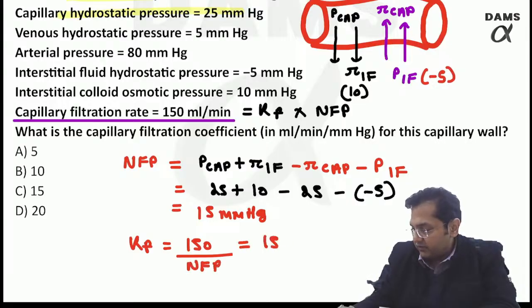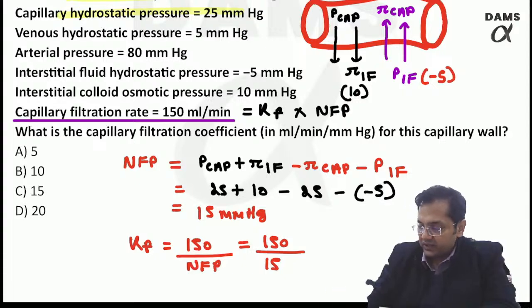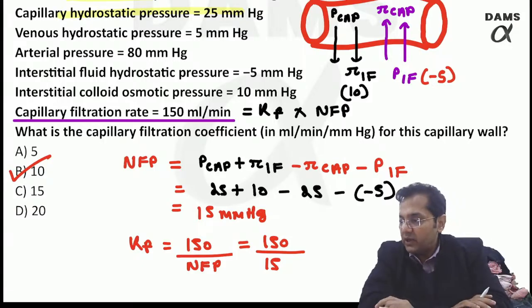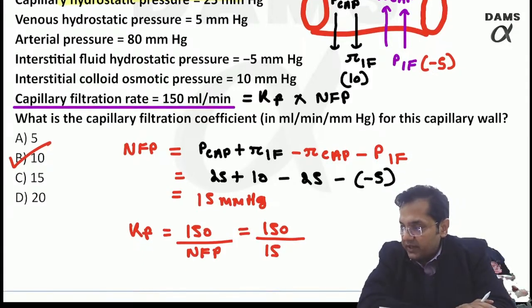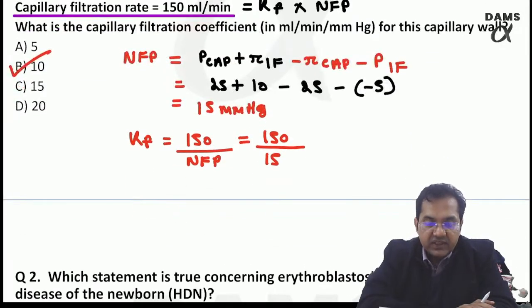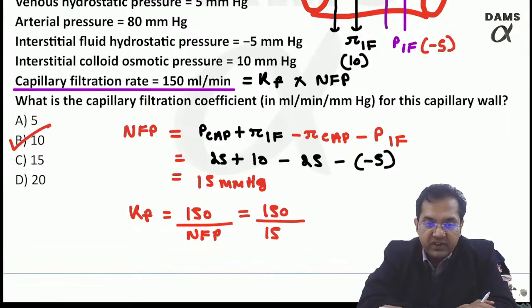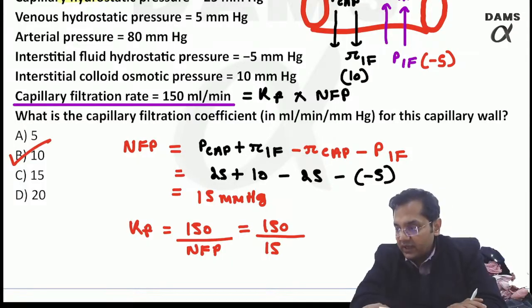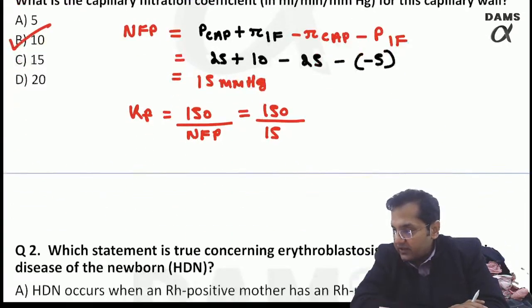That means 150 upon 15. So the answer would be 10 and not 15, right? That was the only thing you had to do. Yes, absolutely correct. It is 10 because I have to divide 150, which is the capillary filtration rate, by the NFP. What is Kf? The capillary filtration coefficient. If you could recap, what is that a product of? Yes, total surface area times the permeability of the capillaries. Absolutely right.